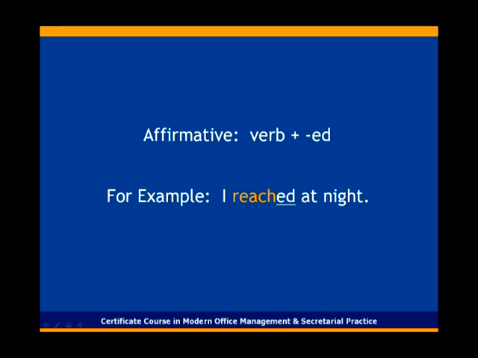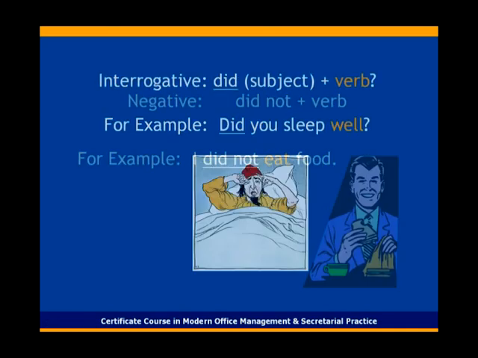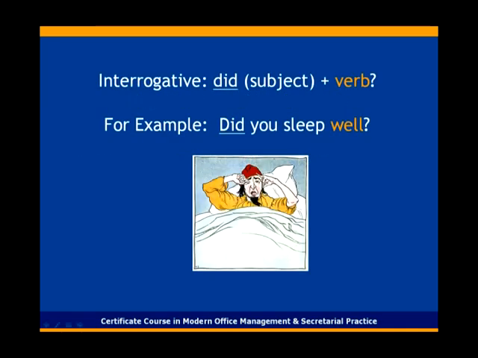When the statement is in the negative, we use did not plus the base verb. For example, I did not eat food. When the statement is an interrogative or an asking statement, we use did, the subject, plus the verb. For example, Did you sleep well?